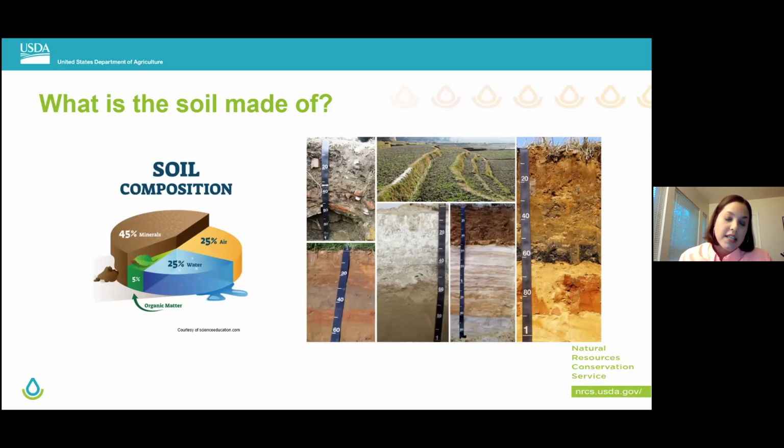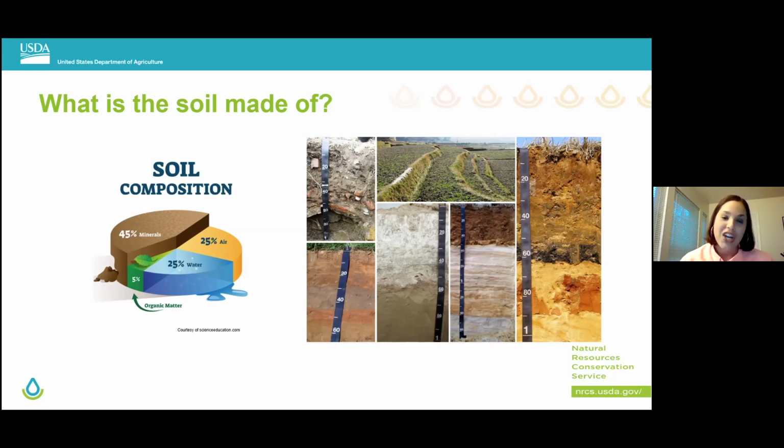The soil is a natural body comprised of solids, liquid, and gases, and is about 45% mineral composition, including the rock fragments in there, 5% organic matter, and a balance between air and water that comprise about 50%. So if you have more water occupying that airspace, you're gonna have less air. And if you have less water, like in the dry periods, you're gonna have more air. Those are always in balance.